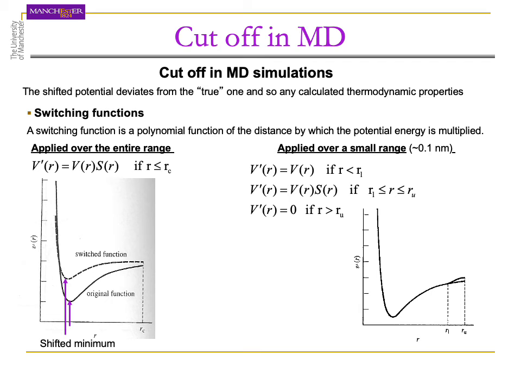So now, how can we model the cutoff in the Lennard-Jones potential to avoid the discontinuity in the potential? We do that by switching the function or using switching functions.